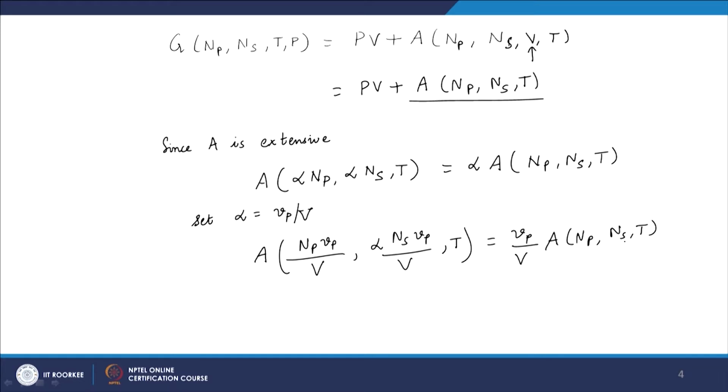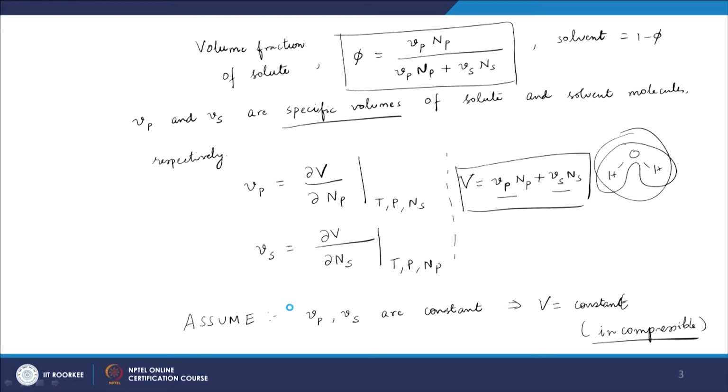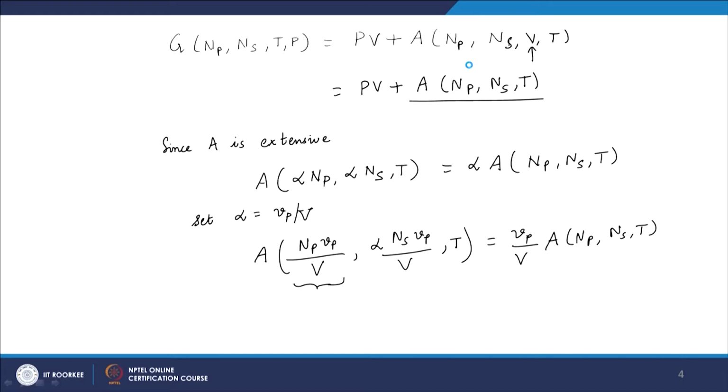Now, let us recall from here, this term is the same as phi, because the denominator is capital V here. So, we have a phi appearing here.